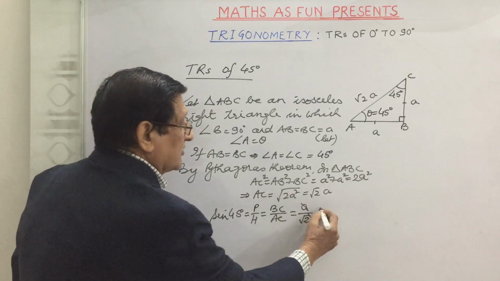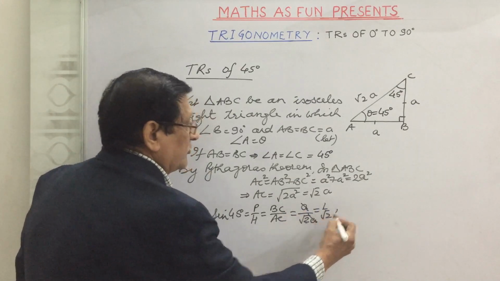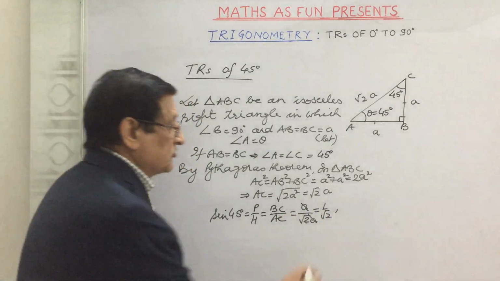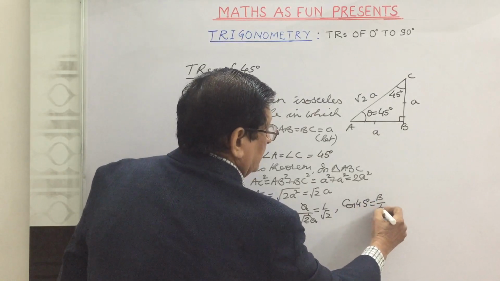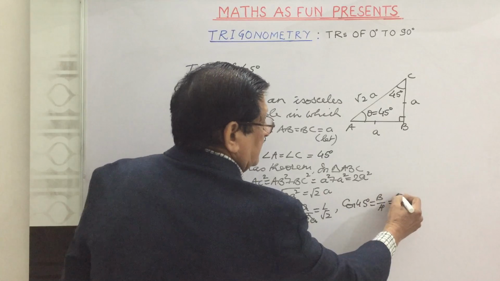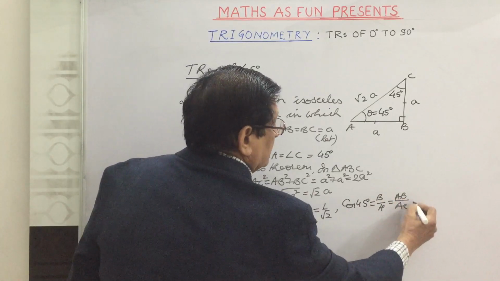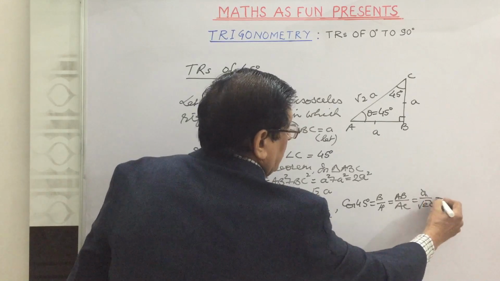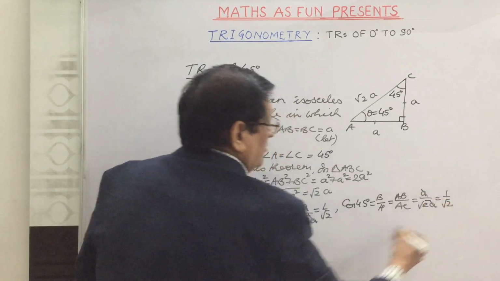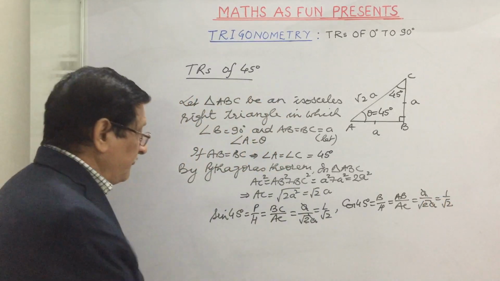A and A cancel and the value comes as 1 upon root 2. Cos 45 we know is base upon hypotenuse. Base here is AB, hypotenuse is AC, so this will be A upon root 2A, A cancel, this is 1 upon root 2.